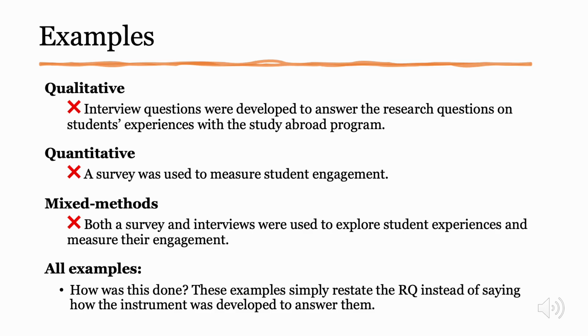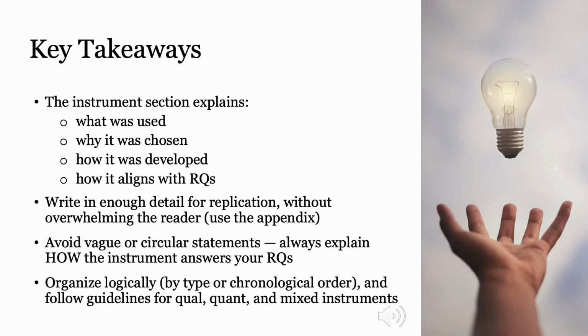And in a mixed method study, they might write that both a survey and interviews were used to explore student experiences and measure their engagement. What all these examples have in common is that they simply restate the research questions and overall study purpose, instead of showing how the instruments were designed to answer these questions or accomplish this purpose.